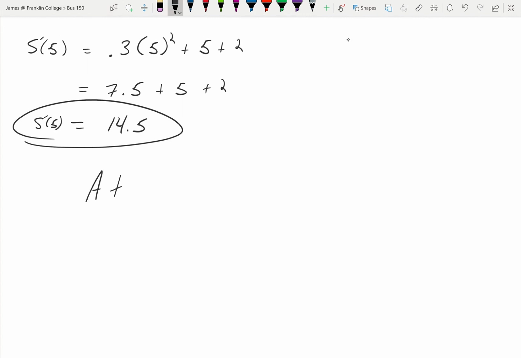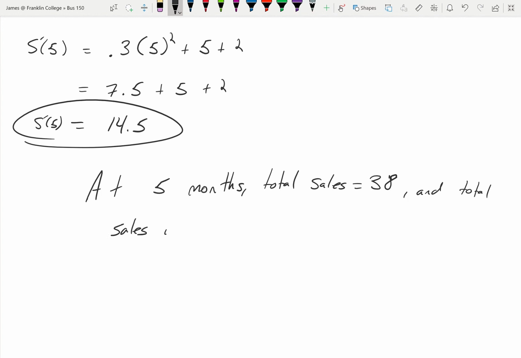We know at 5 months, total sales equals 38, and total sales will increase by 14.5 by next month, because that's what that s prime equation represents: the change in total sales given a 1 unit change in t.